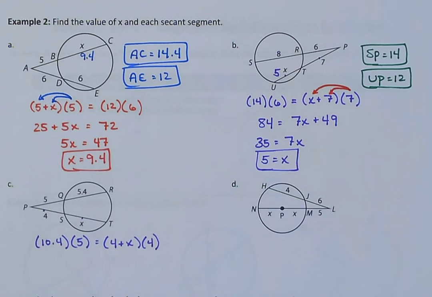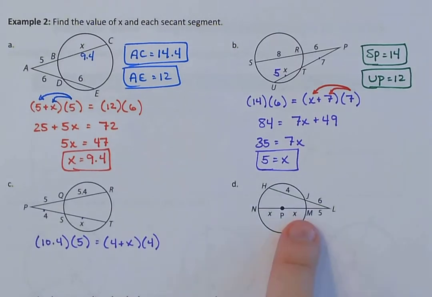So that is how you set that part up. You're going to distribute this 4 to the 4 and x, multiply these together, and solve for x. I will leave that for you to do if you want practice on solving this fully out.